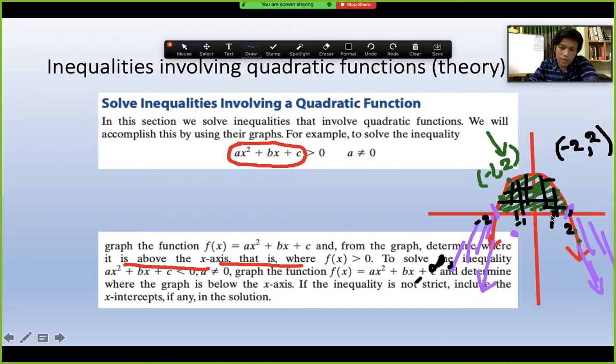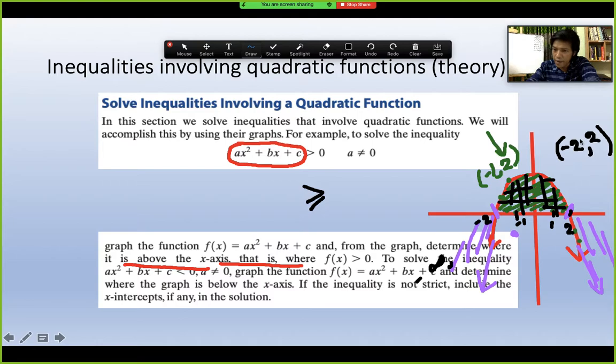And look at this one thing: they are saying strict inequality. If the inequality is not strict, or this is strict, what does it mean? This means strict inequality. And if they give greater than or equal to also, that means this is not strict inequality.